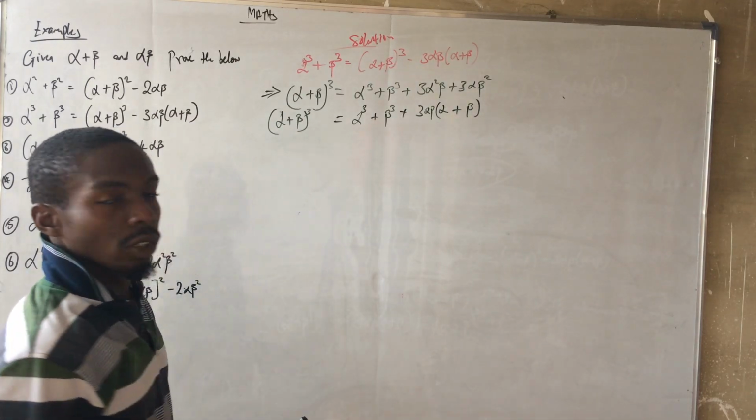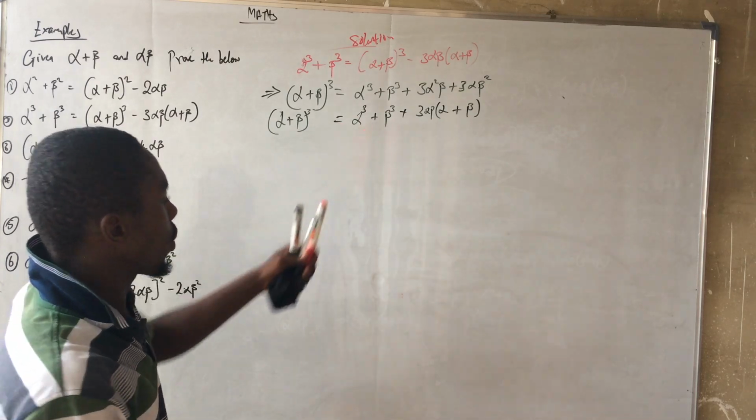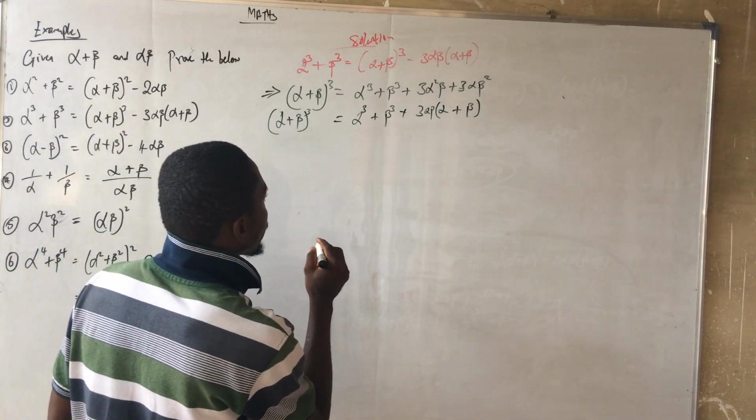So what am I going to do? I'm going to add something to both sides to make the equation more beautiful.